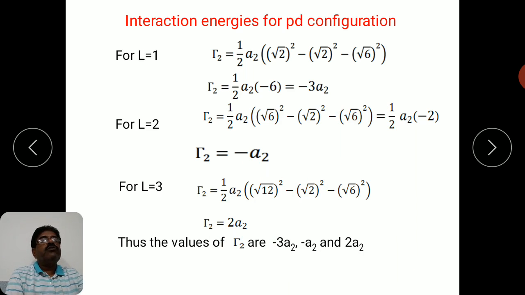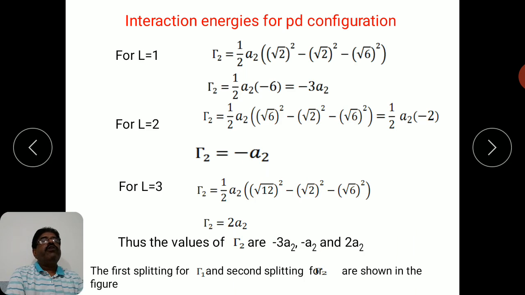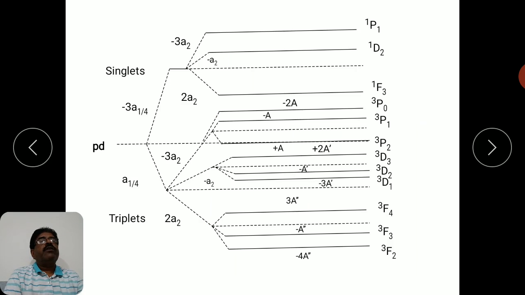So these are the values of gamma 2, and we have to use this while representing the fine structure. Okay, now this is the fine structure for the PD configuration here. See, the values of gamma 1, a1/4 and minus 3a1/4. So these are the first values which represent the first splitting from the imaginary central line.